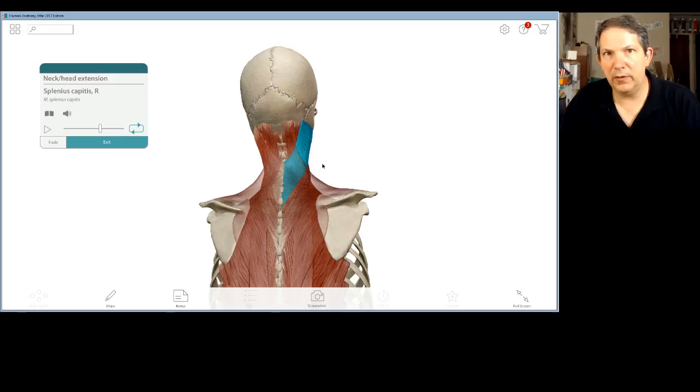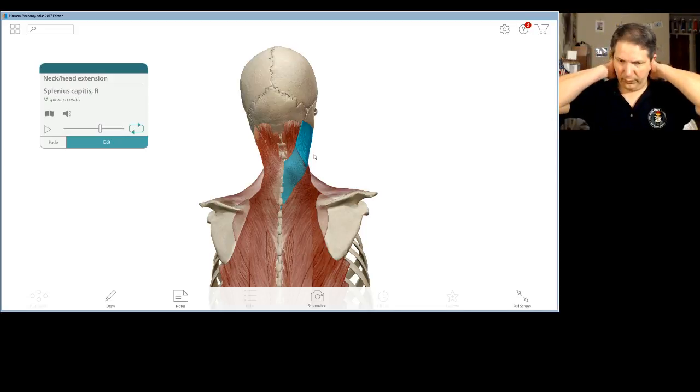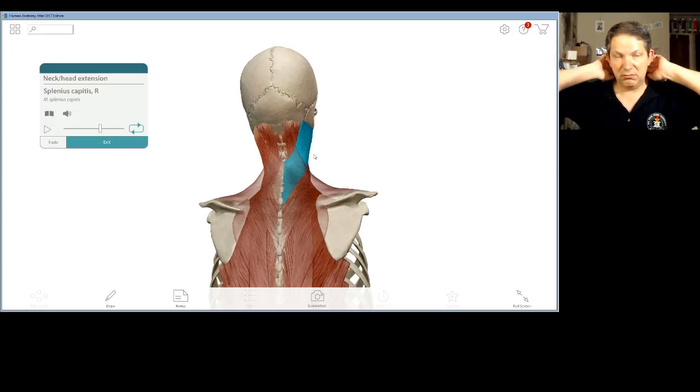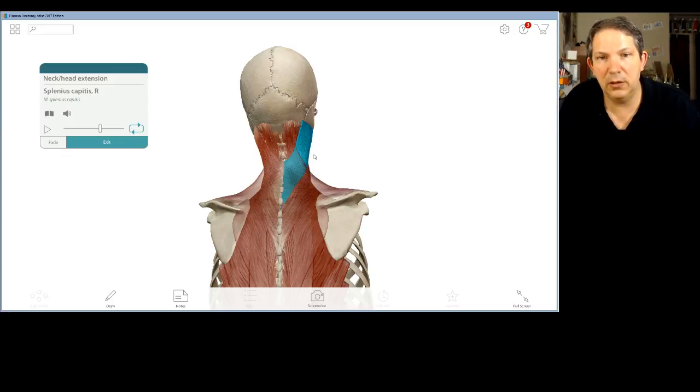And since they're involved in multiple movements, like I said before, learn the location. Say, okay, here's my Splenius Capitis, and one major movement. So if you think extension, great. That is a major motion for Splenius Capitis.